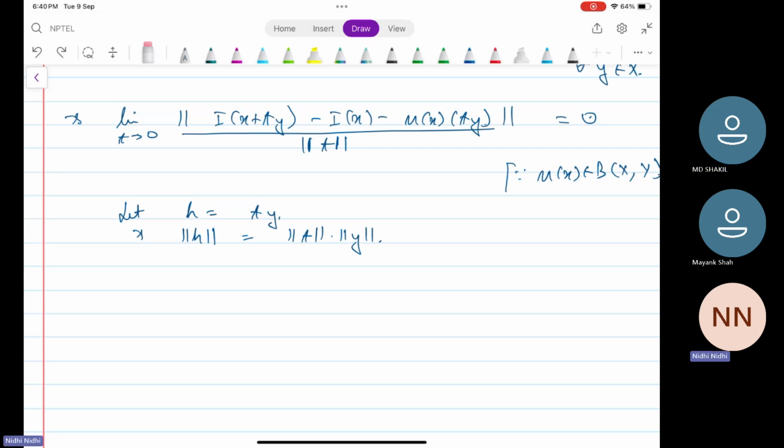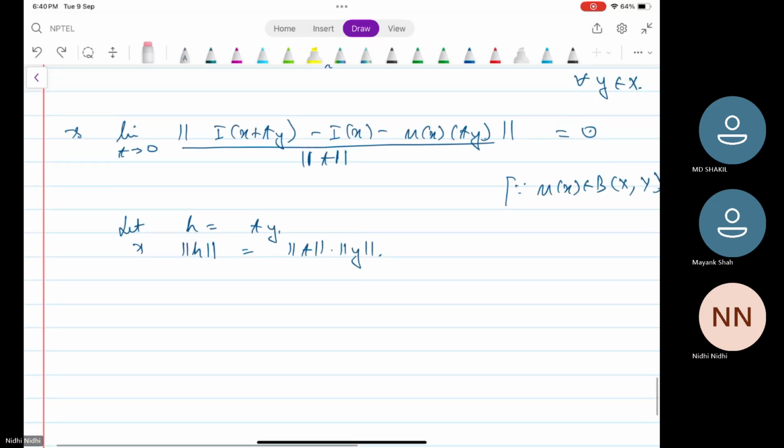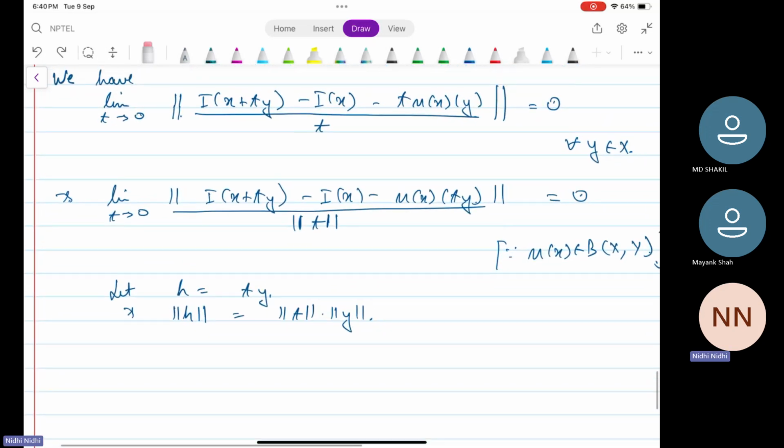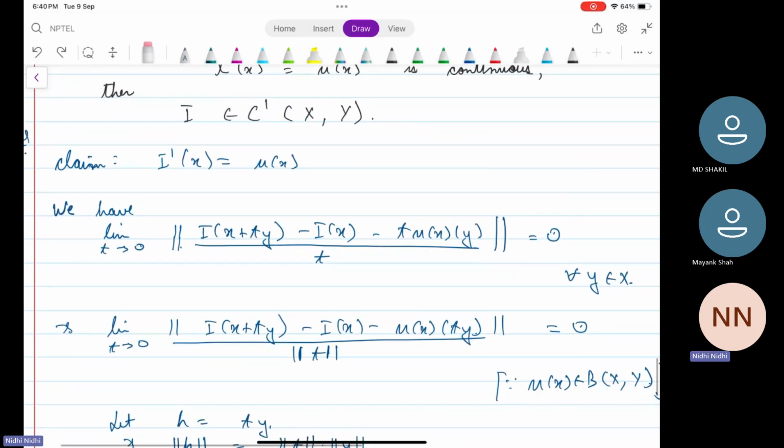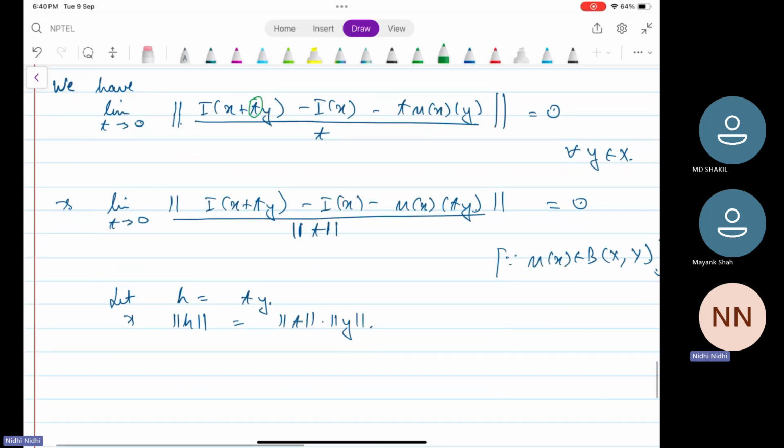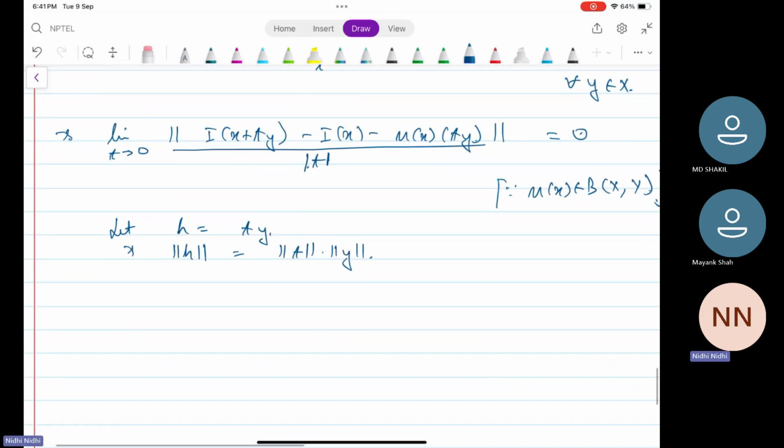So let's take h to be ty. This time, this t is actually a real number, an element in the field, t times y. So this will be mod t, and so this will be mod t.